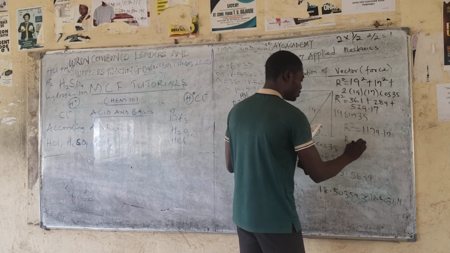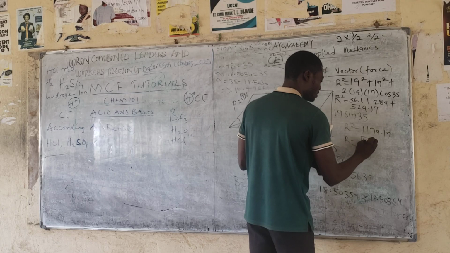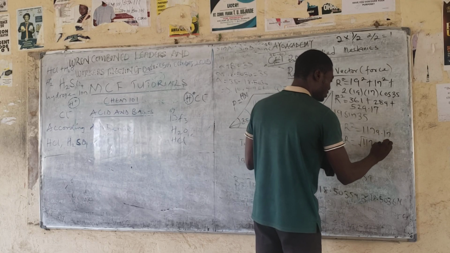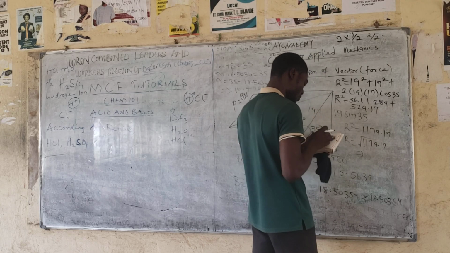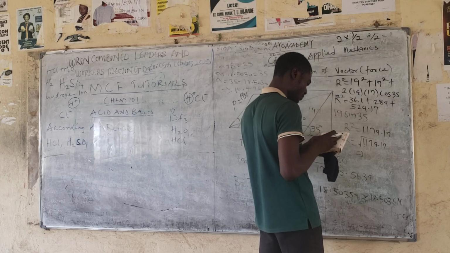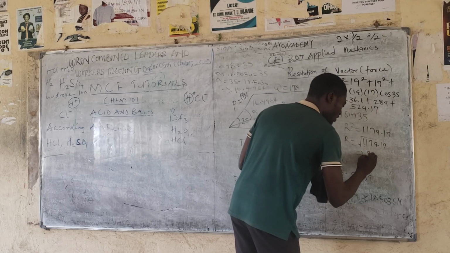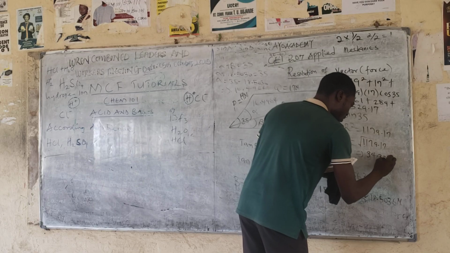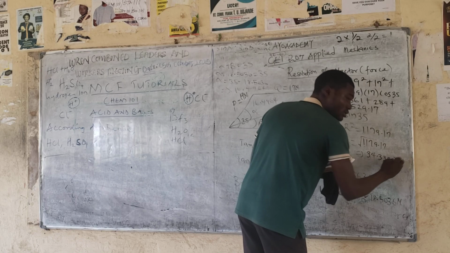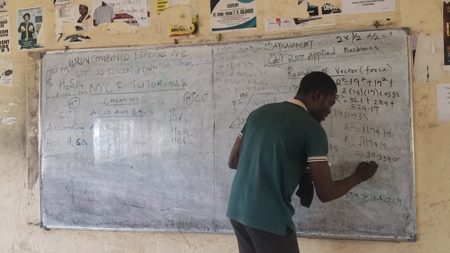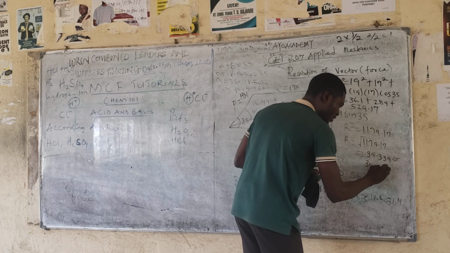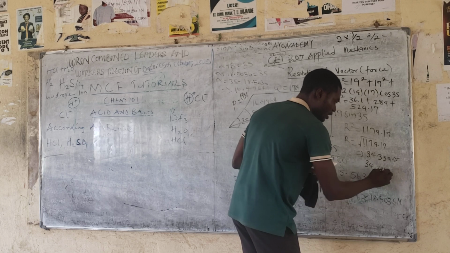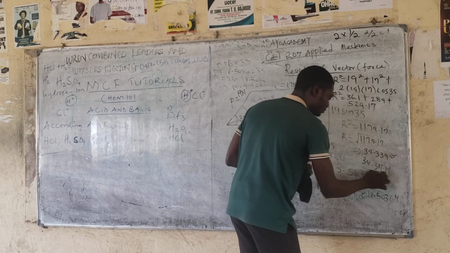So we have to take the square root of both sides. The square root of the answer is 34.339. So you can just approximate that to 34. Newtons. Is that clear?